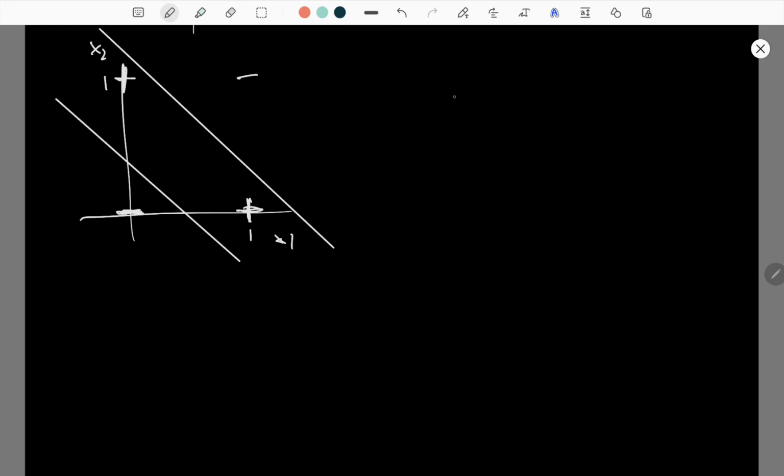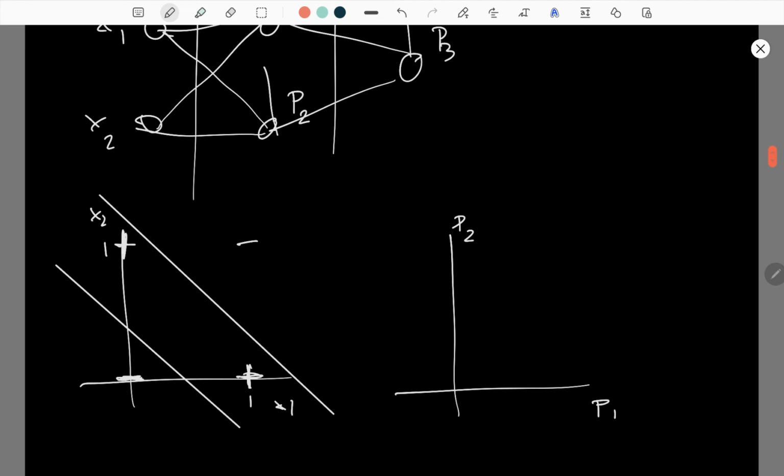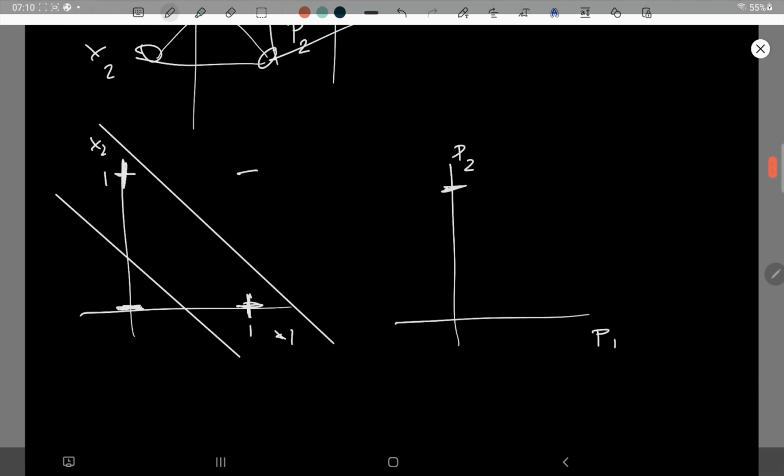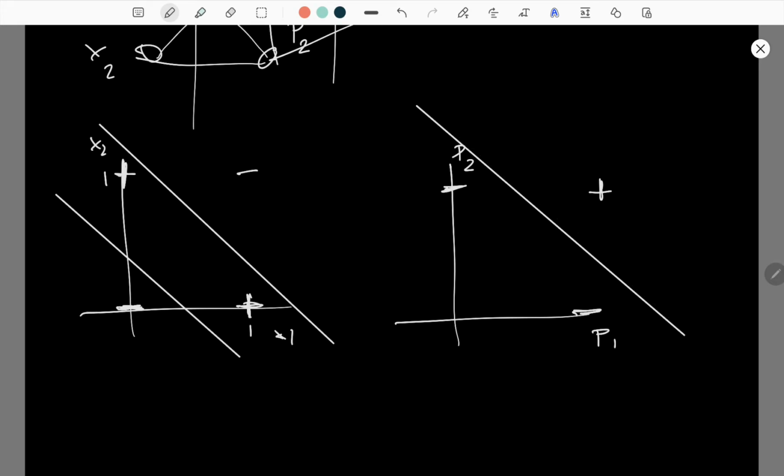And guys, we'll have another P1 and P2, and from P1 and P2, look at this. We have the negative one here, and we have the negative one here. This is the positive one, and we have a line here. Look at the direction of the positive decision.